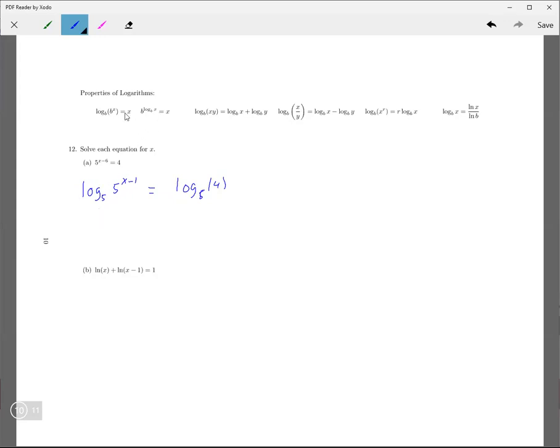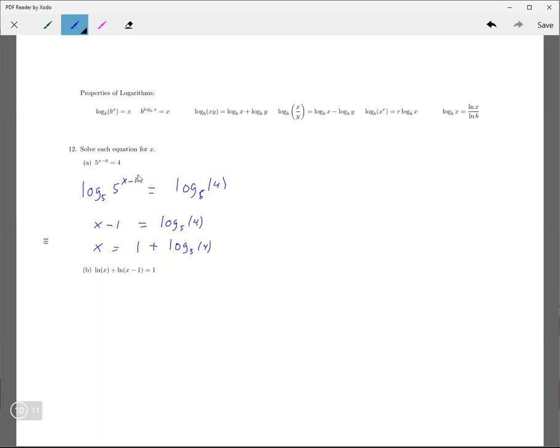And then I'm going to use this inverse property right here. And all that reduces down to just x minus 1. And then I just add 1 to both sides. And I get that.